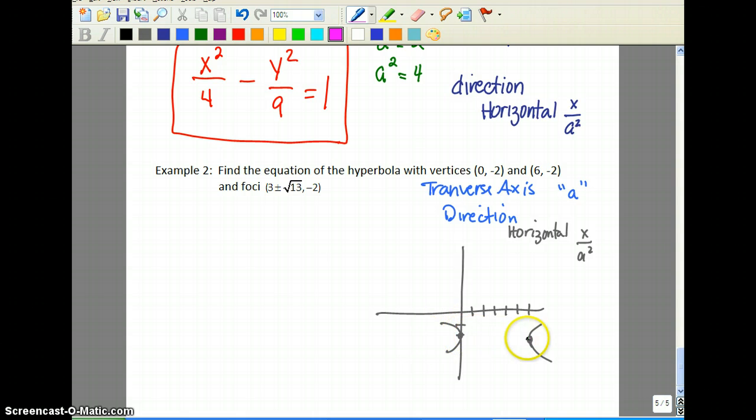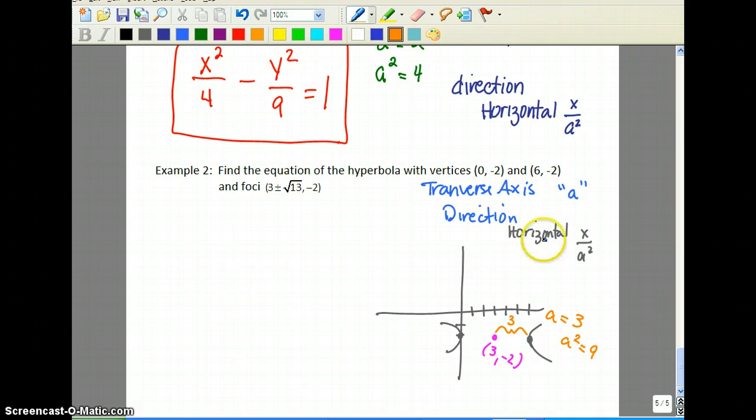The center should be the midpoint of this. So this is at 0 and this is at 6, so I'm going to say at 3, -2 should be the center. So that distance from the center out to the vertex is 3 units, so a must be equal to 3, or a squared is equal to 9.